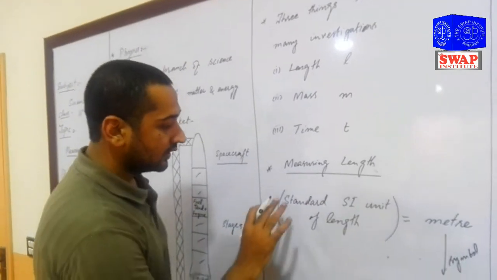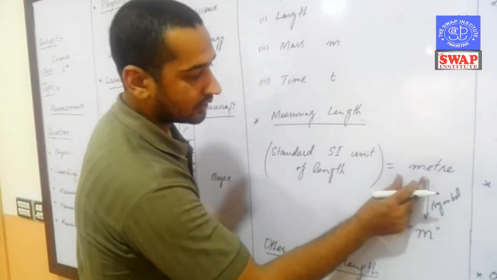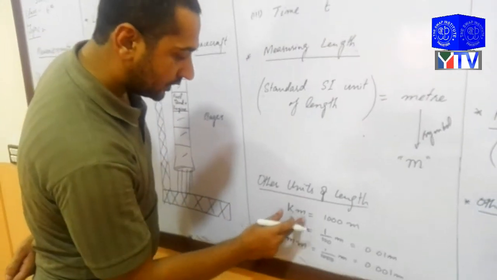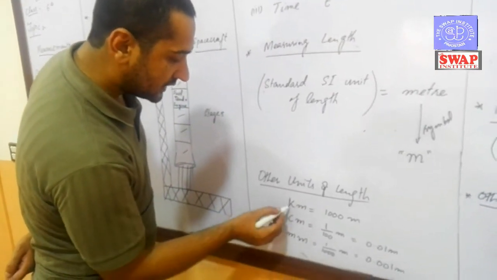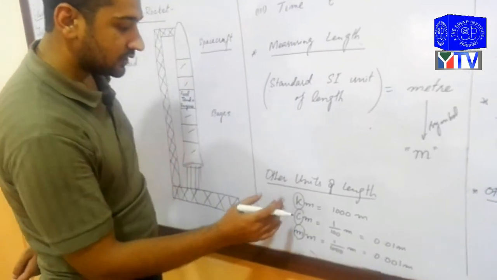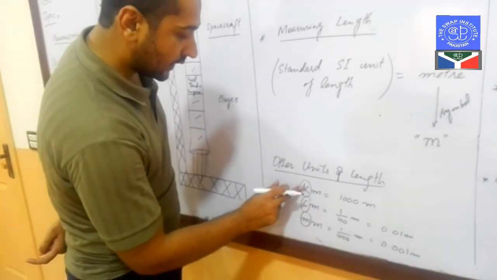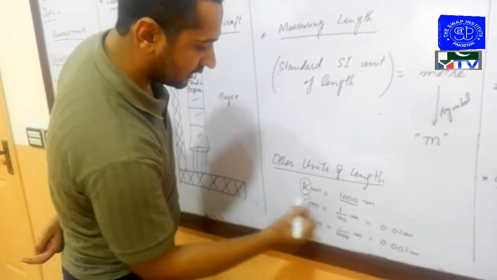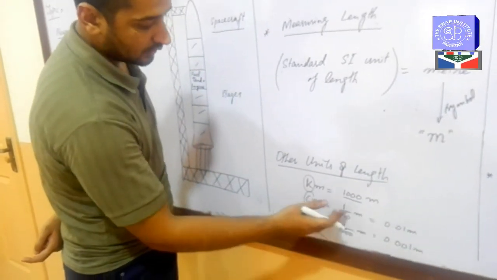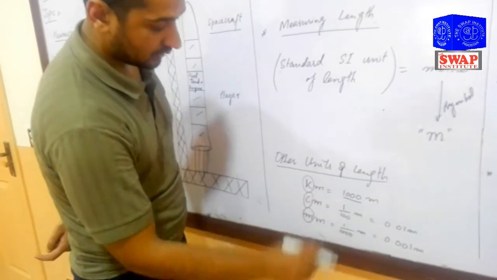Measuring length. The standard System International unit of length is the meter, and the symbol is small m. Other units of length are kilometer, centimeter and millimeter. Kilo, centi and milli are the prefixes which are placed before the SI units. 1 kilo means 1000, 1 centi means 1/100 part of the meter, and milli means 1/1000th part of the meter.